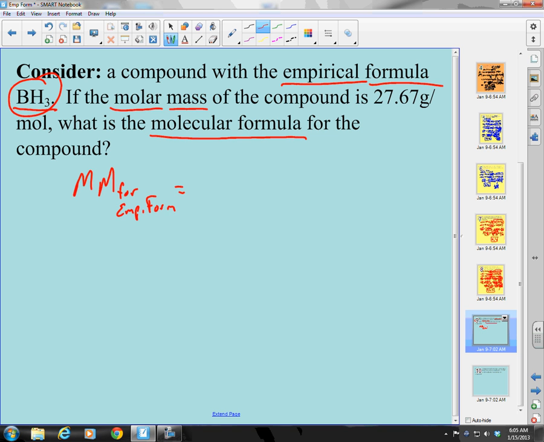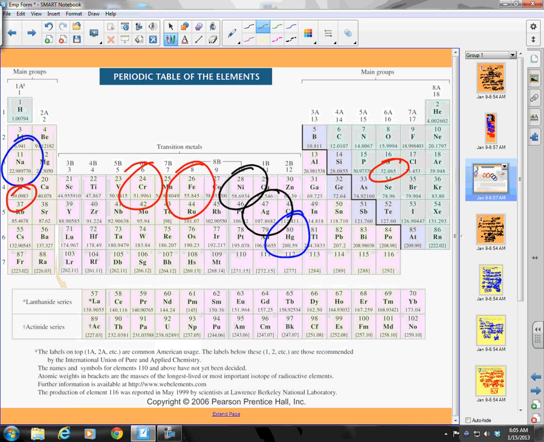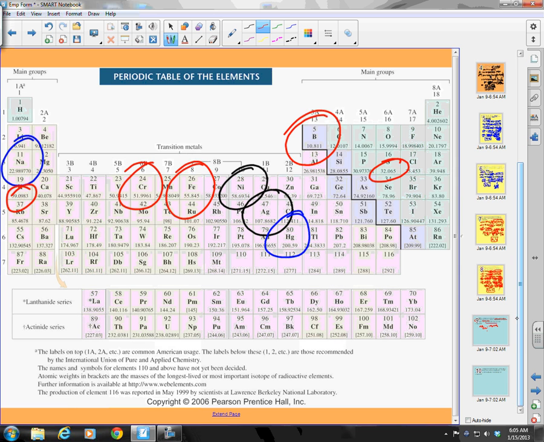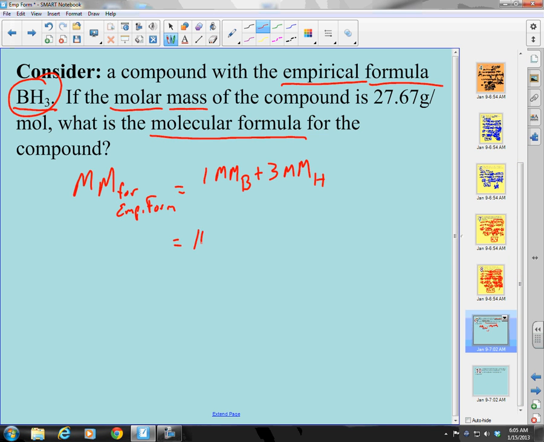So I want the molar mass for the empirical formula. What am I going to do? I'm going to take 1 times the molar mass of B, plus 3 times the molar mass of H. And what's that equal to? Let's go up to our wonderful periodic table. Boron, 10.81. 10.81 plus 3 times 1.008.